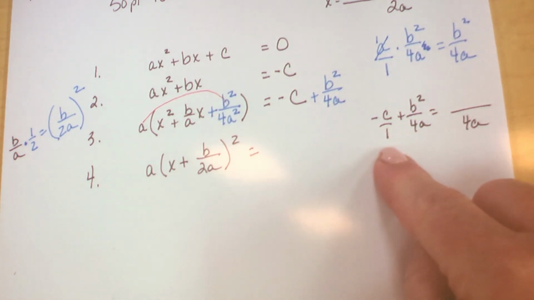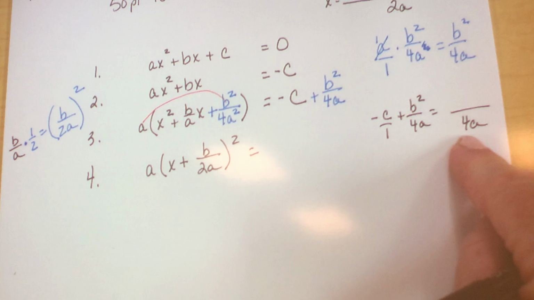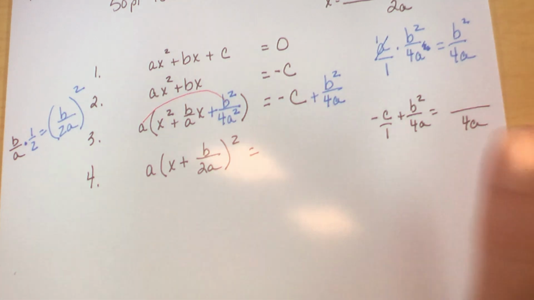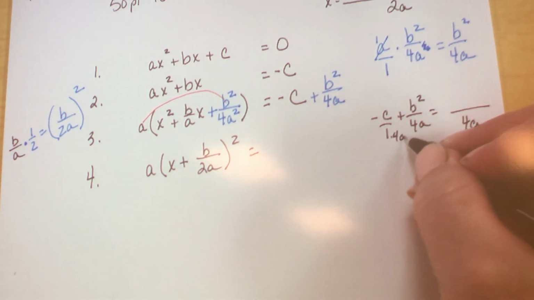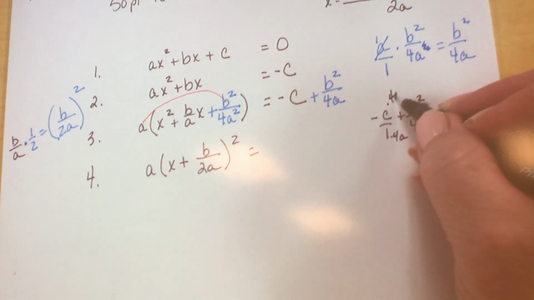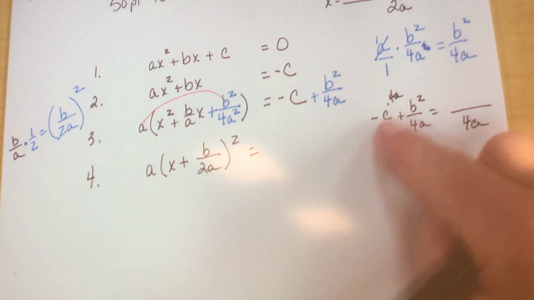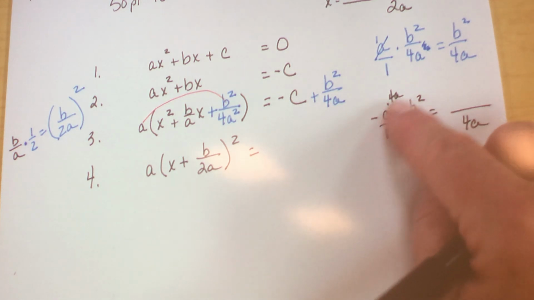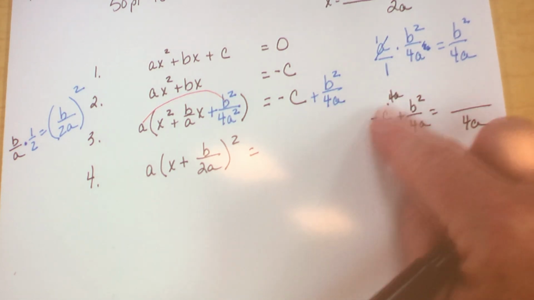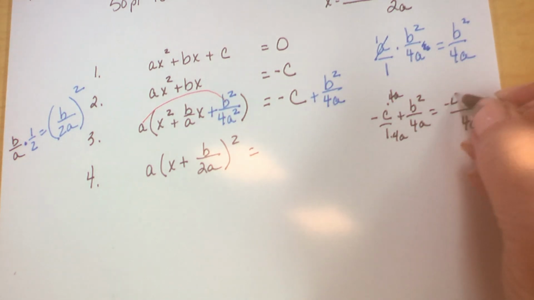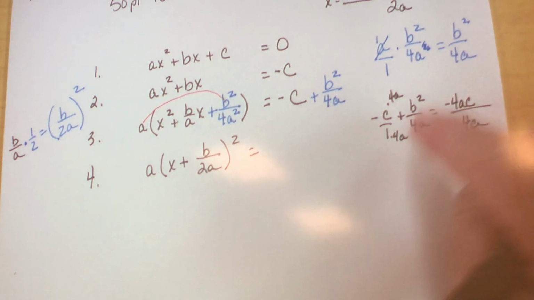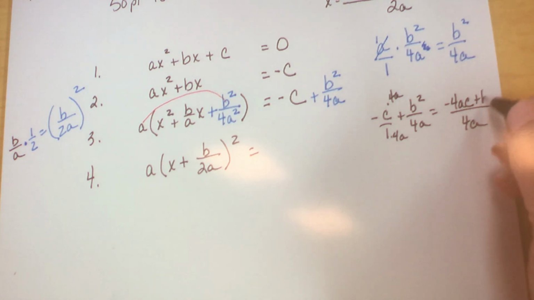What do I do to that 1 to make him a 4A? Times 4A. You multiply by 4A. So I multiply the top by 4A. What's 4A times negative C? 4AC. That's exactly right. Negative 4AC. Y'all, that's missing out on 4 awesome chicks. That's what that is. Negative 4AC. And then plus B squared.